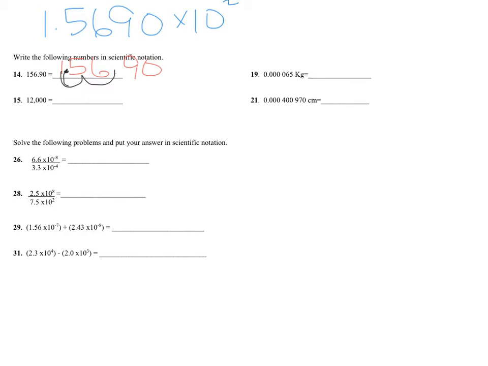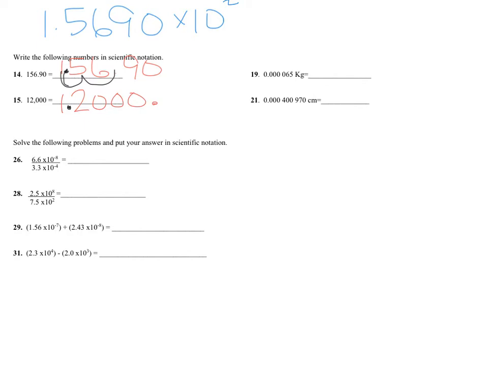The next one, number 15, 12,000. With a number like this, you assume a decimal point at the end. We're going to be moving it again to where we have a non-zero digit, and then all the other numbers come after it.